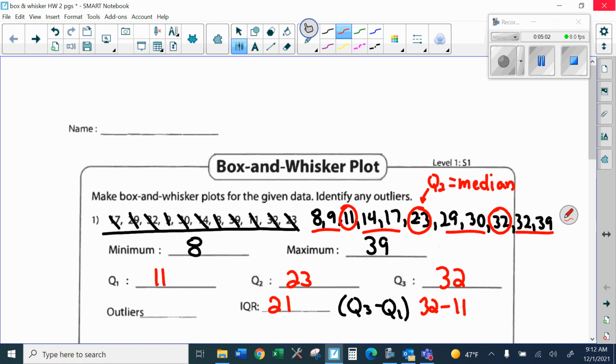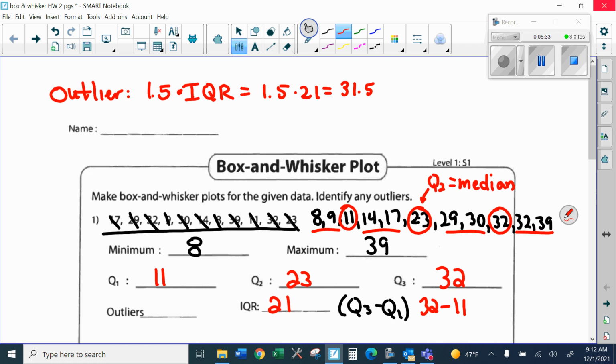Take the interquartile range, so for outliers, 1.5 times IQR. So 1.5 times 21 in this case, you have 21 plus 10.5, which is 31.5.